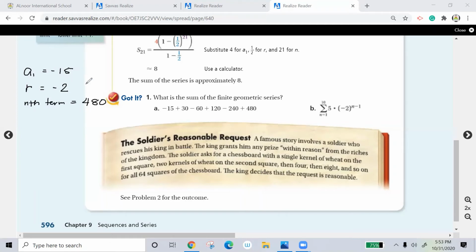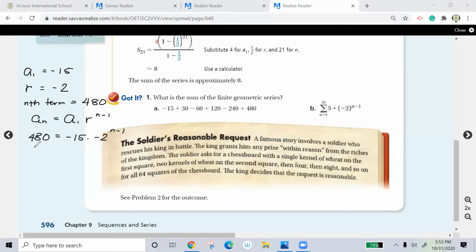Next, use the explicit formula. A sub n is equal to A sub 1 times R raised to n minus 1. What is our A sub n or our last term? 480. Our first term, which is negative 15, times our R, negative 2 raised to n minus 1.